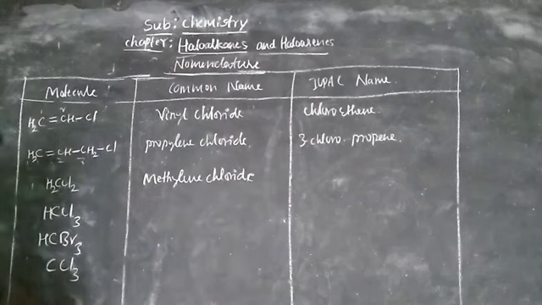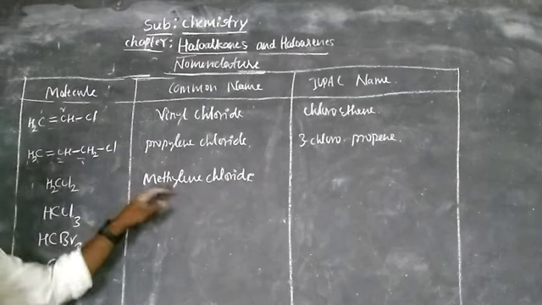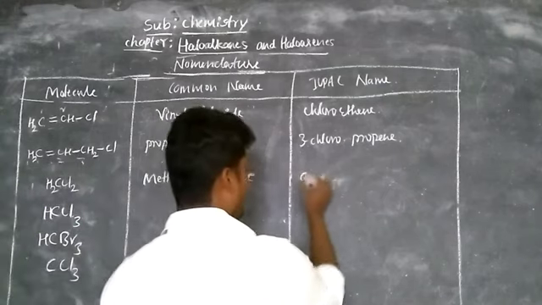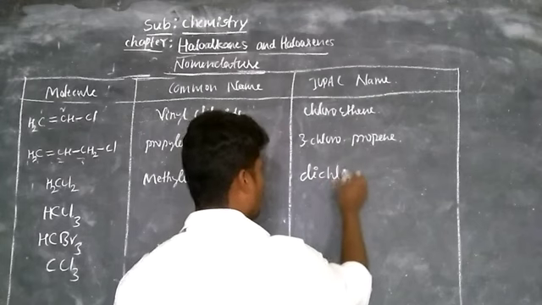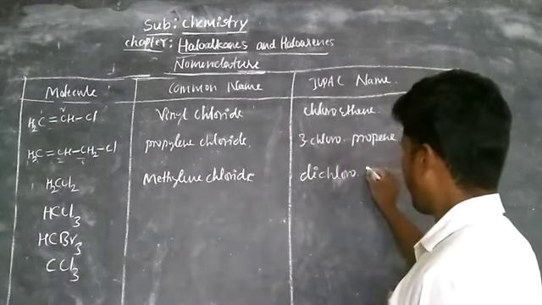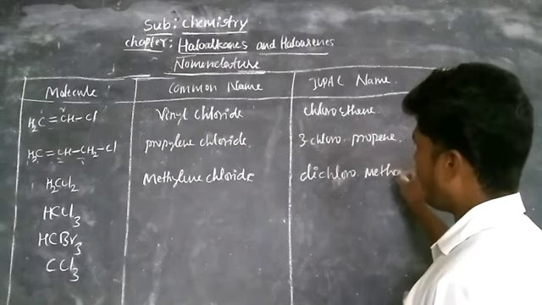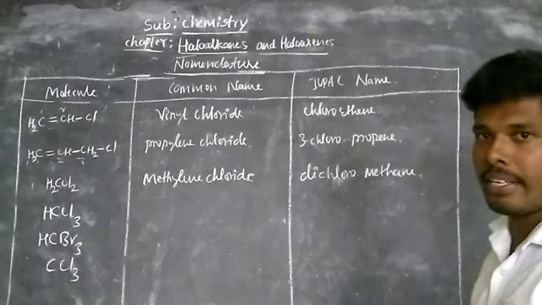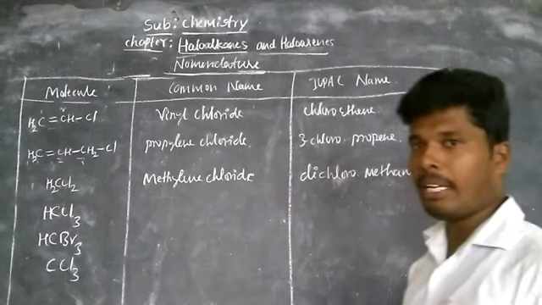Because it is a CH2 carbon, therefore it is called methylene. And the IUPAC name is dichloromethane, ending in ane because it is an alkane.